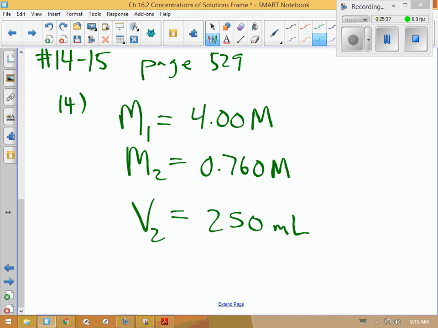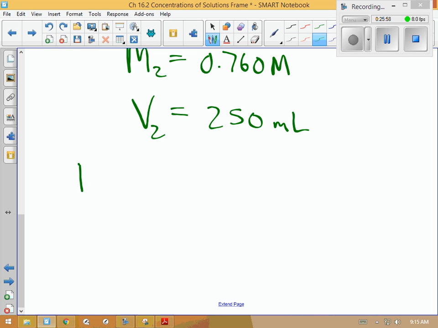Since we can give our answer in milliliters, do we need to convert milliliters at this point? No. If you do convert, is it an error? No. Won't hurt you. When you're calculating molarity, you must convert to liters. If you're calculating volume, you can leave it as it is. Our equation is M1 V1 equals molarity 2, volume 2. Our unknown is volume 1.